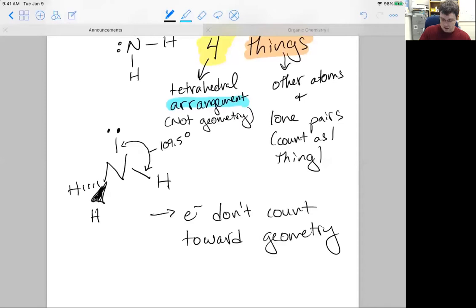But the thing is, electrons don't count towards geometry, because when we try to visualize these things, we actually crash particles into the nucleus to get us some idea of what the geometry actually looks like. Okay, so we're going to crash particles into the nuclei of the atoms that make up ammonia.